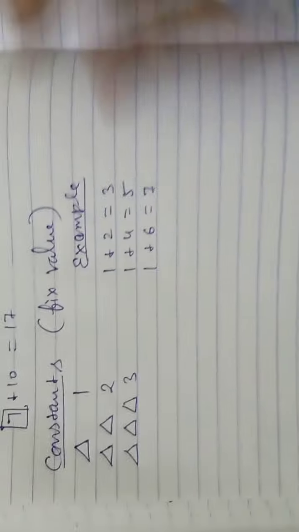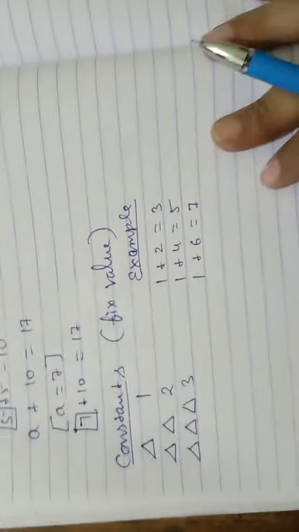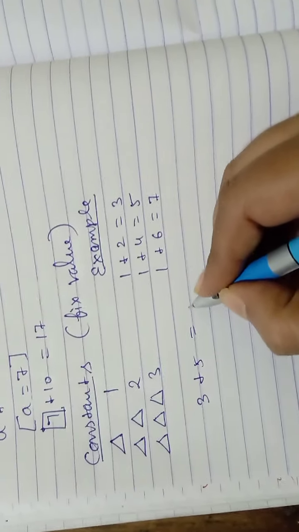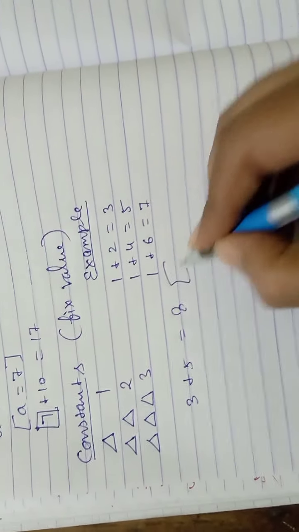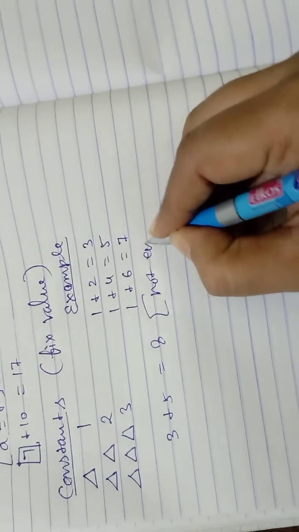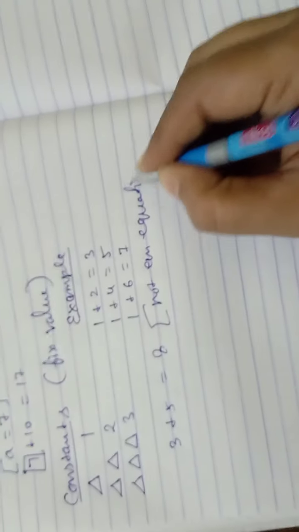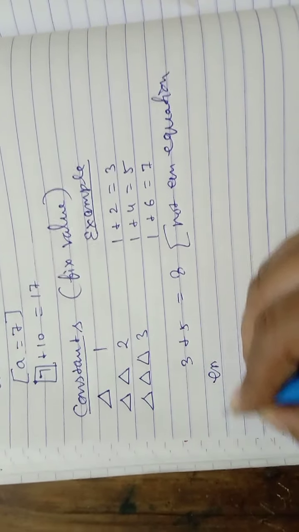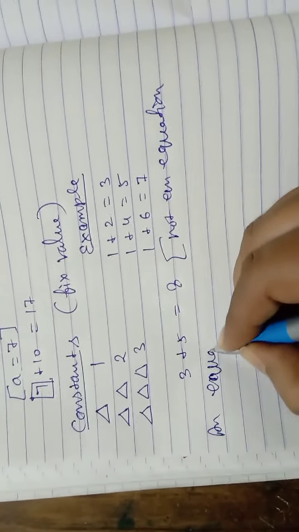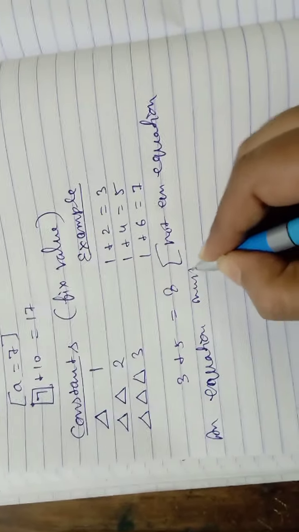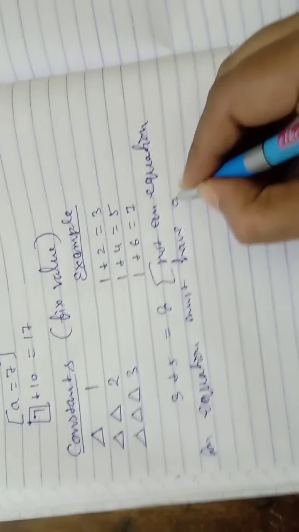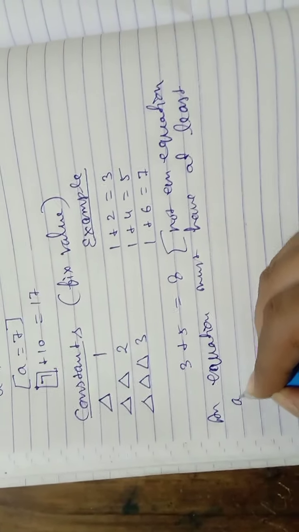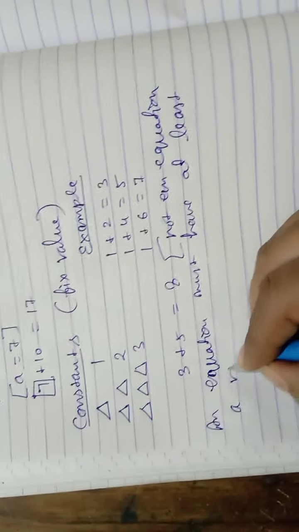For example, I show you 3 plus 5 is equal to 8. It is not an equation. An equation must have at least a variable.